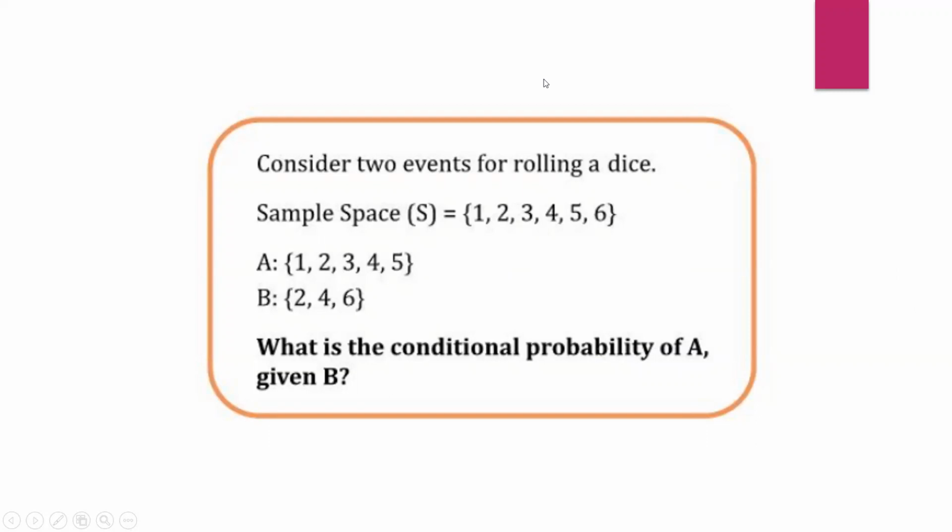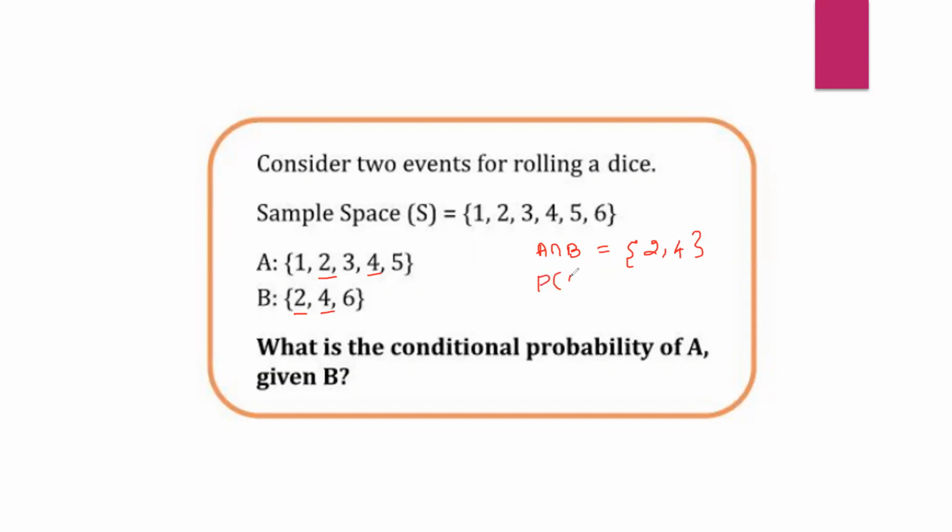Let me take the pen now. Okay, first let us find out A intersection B. So what is A intersection B here? You can see if you take these two, 2 and then 4. Intersection means what? Common, right? So A intersection B is equal to 2, 4.